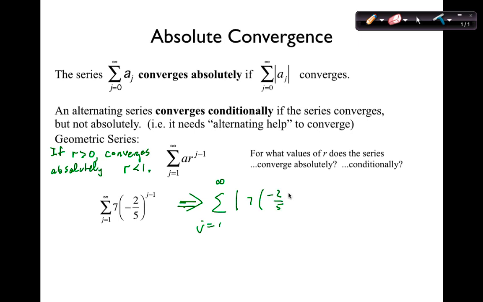Could you go over what you just said about here? Yeah. Well, if r is greater than 0, these are all the same sign. So it'll be absolutely convergent whenever it converges. If r is greater than 0 and you put this on here, it doesn't change it. It's the same as what you started with.